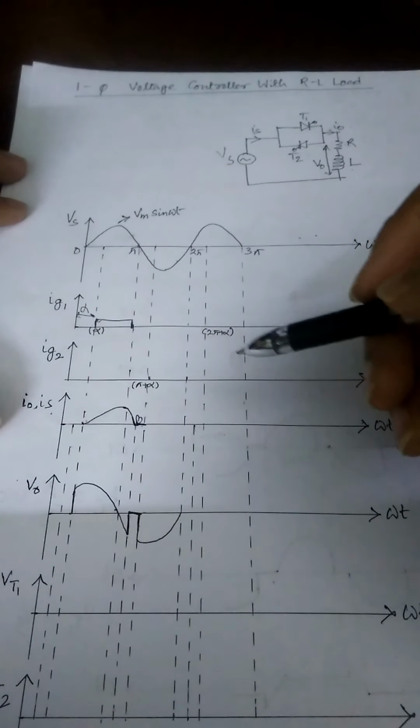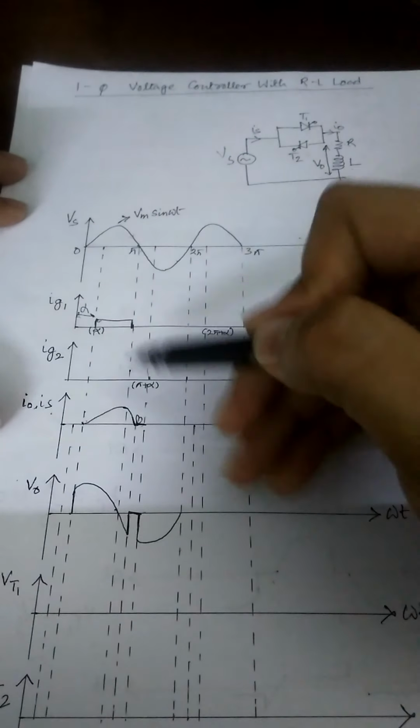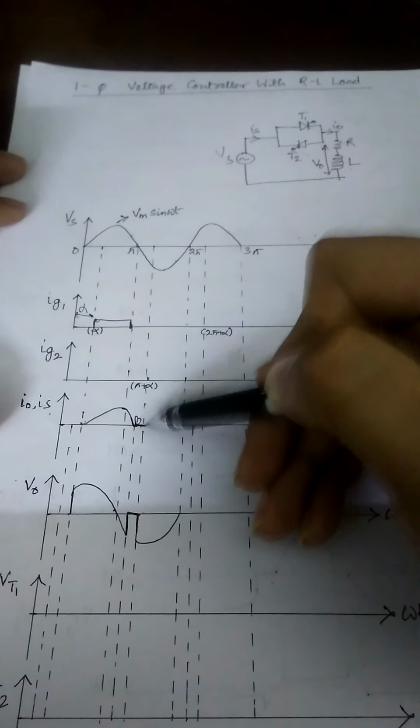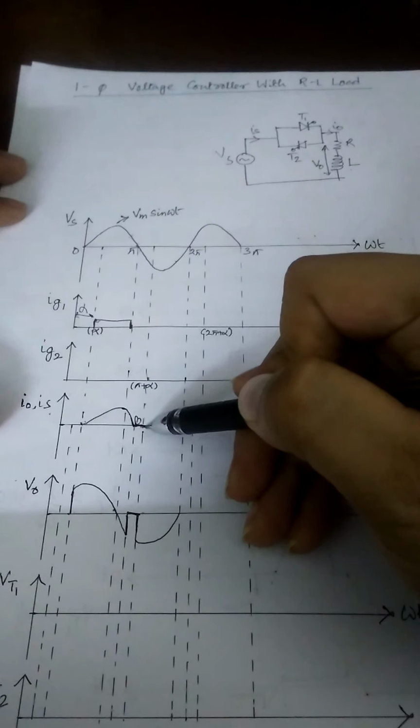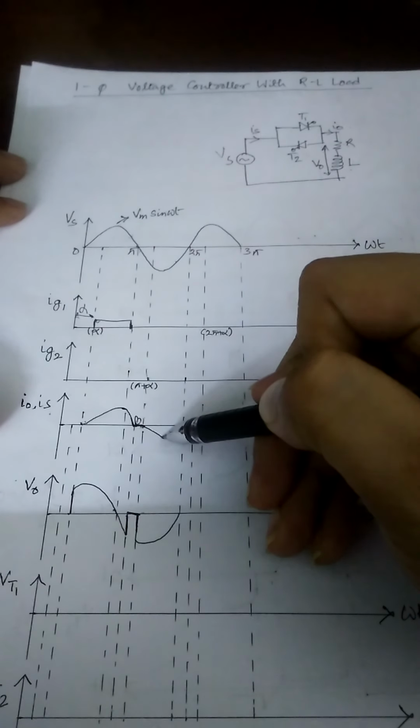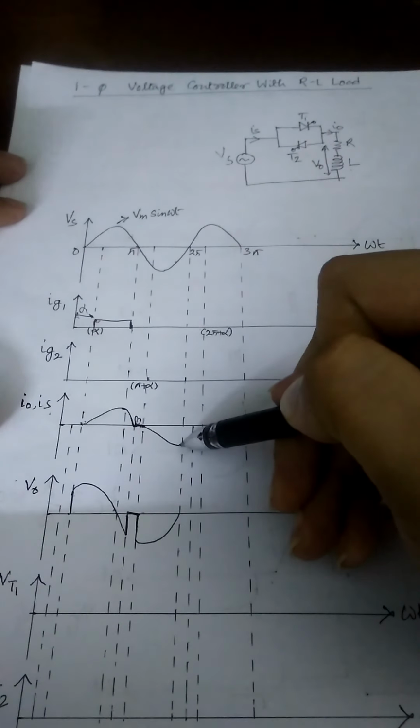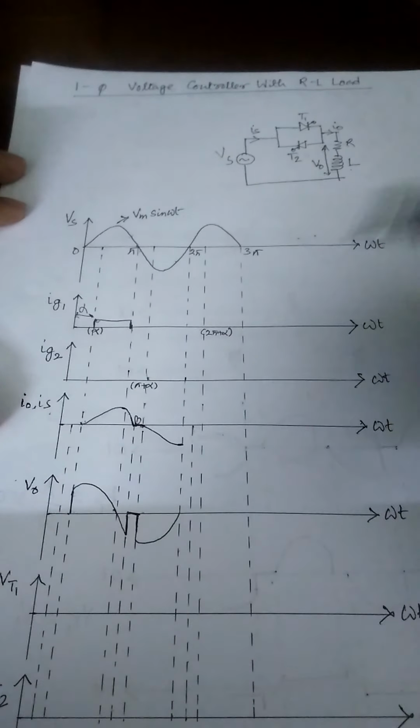And what will be the nature of the current? As we already discussed, there is an inductor present, so the current is not going to 0, it is near the maximum point.